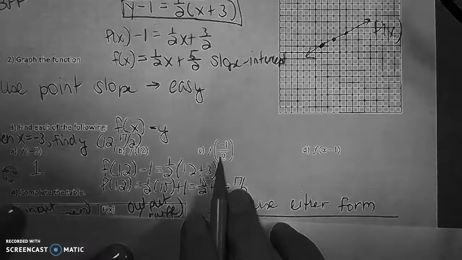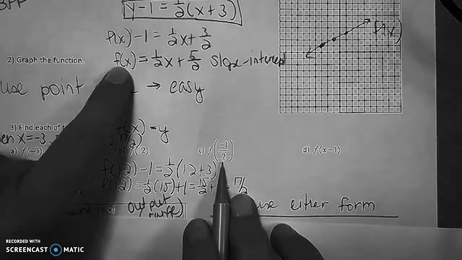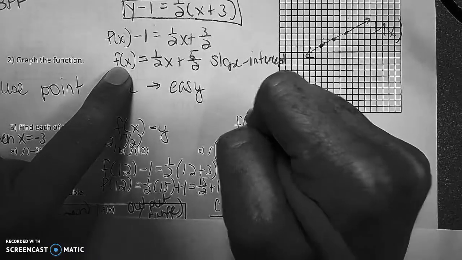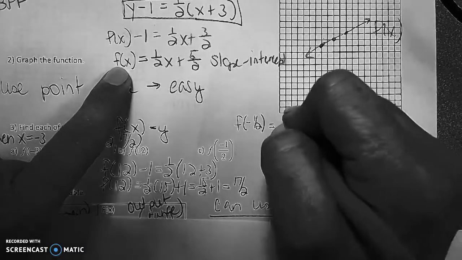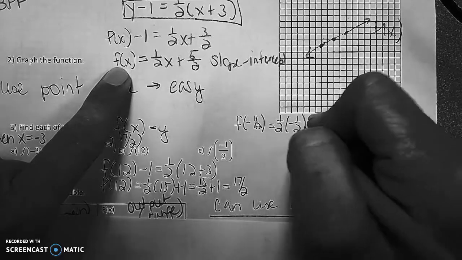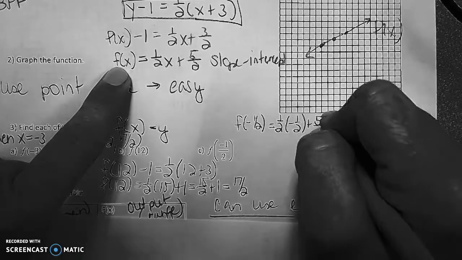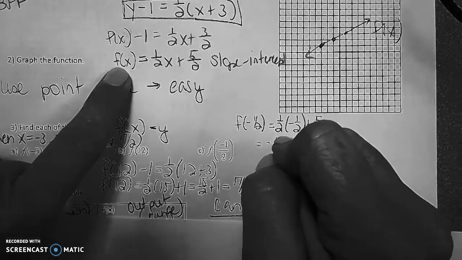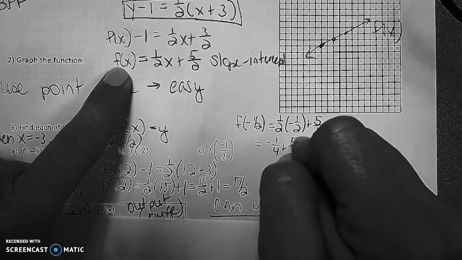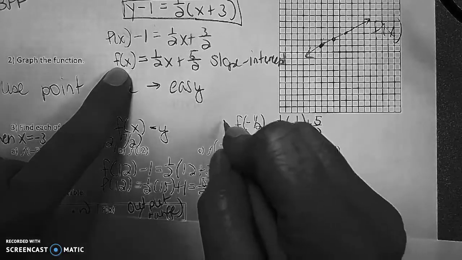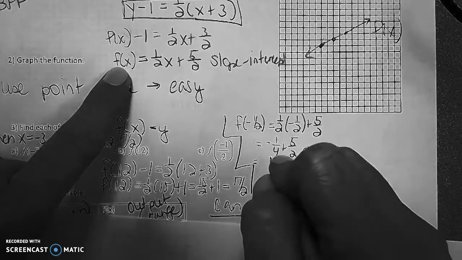So let's try f of negative 1/2. This time I'm going to use slope-intercept form. So f of negative 1/2 is, every time I see an x, I'm going to plug in negative 1/2. So I get negative 1/4 plus 5 over 2. To add and subtract fractions, I need to create a common denominator.